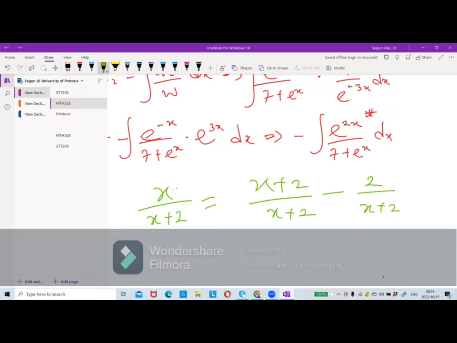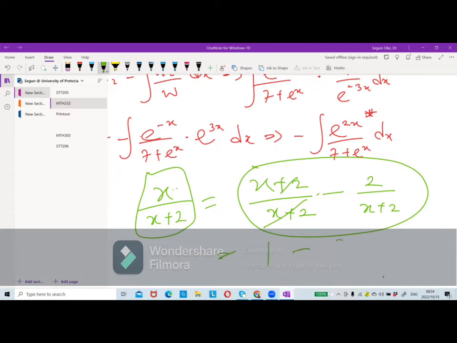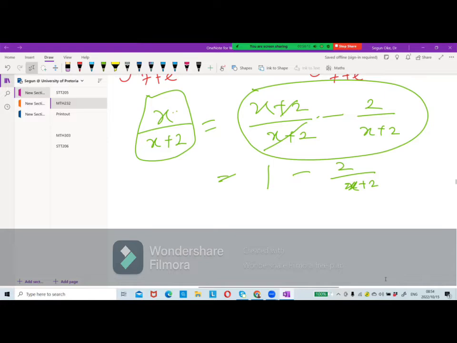The question is, if I solve this one, will I still have this one back? The truth is yes. Now, this one cancels this, right? I have 1 minus 2 over x plus 2. It simply means if I want to integrate now, I can easily integrate 1 and integrate this one. That is where I'm driving to. But now, let's see whether we can get this one back. If we can get it back, then we can adopt this method.